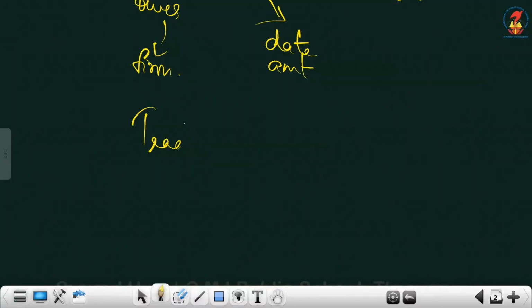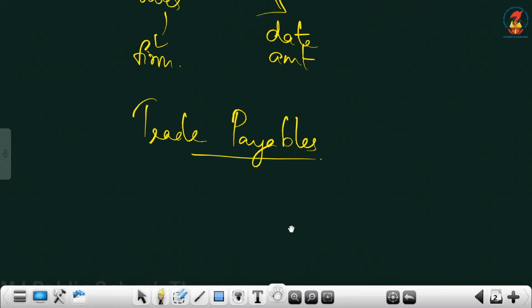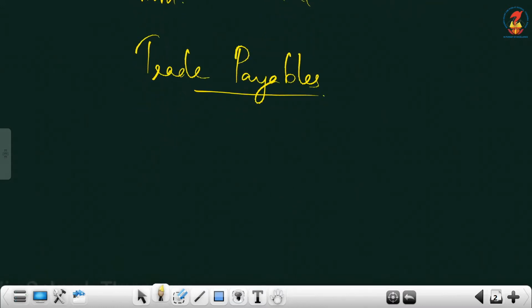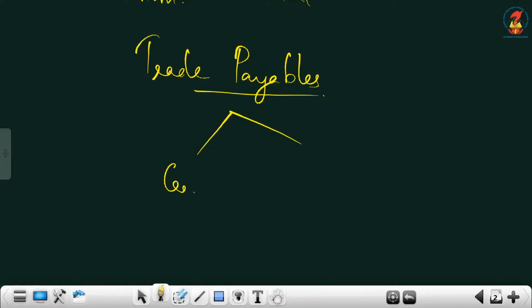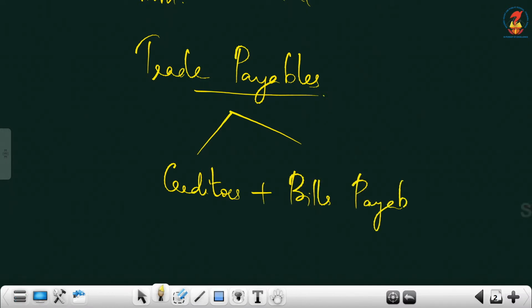So similarly, just like trade receivables, we have trade payables, and trade payables will be the sum total of creditors and bills payable. Just the opposite you have to write. Creditors and bills payable.